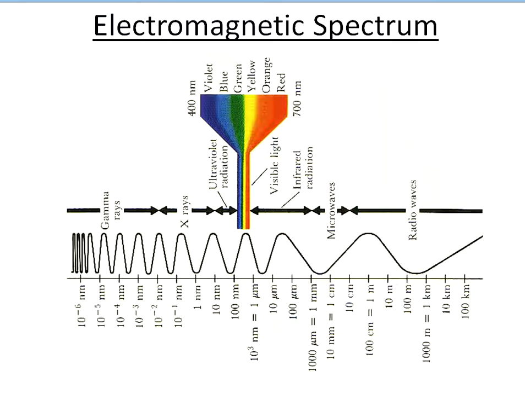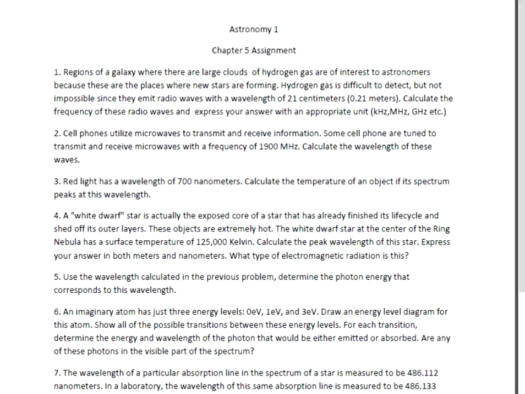And taking a quick look at our Chapter 5 homework assignment, this material that we just covered, blackbody radiation, is relevant to problems number 3 and number 4. So in problem 3, I give you a wavelength, 700 nanometers, and you calculate the temperature. This is very similar to the calculation we just did for the sun, except for the sun, it's observed to be at 500 nanometers.